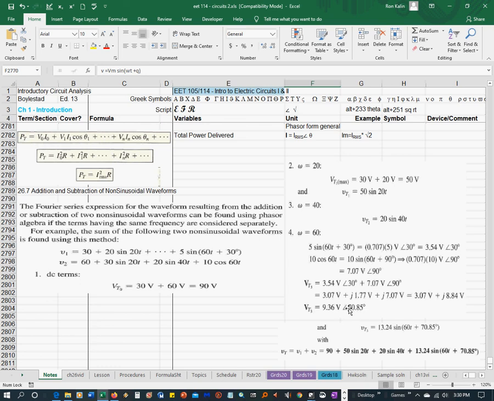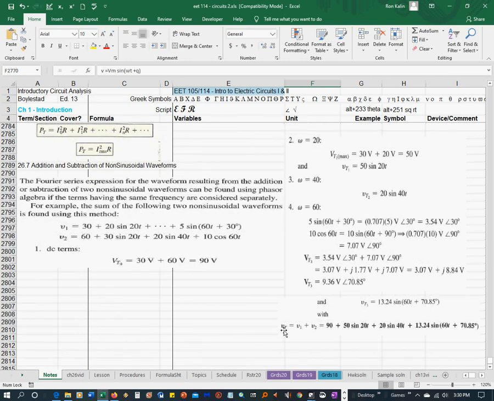Then you have to convert that back to a sinusoid. You multiply it times the square root of 2 to get 13.24, and then this is the frequency, sine 60t plus 70.85.